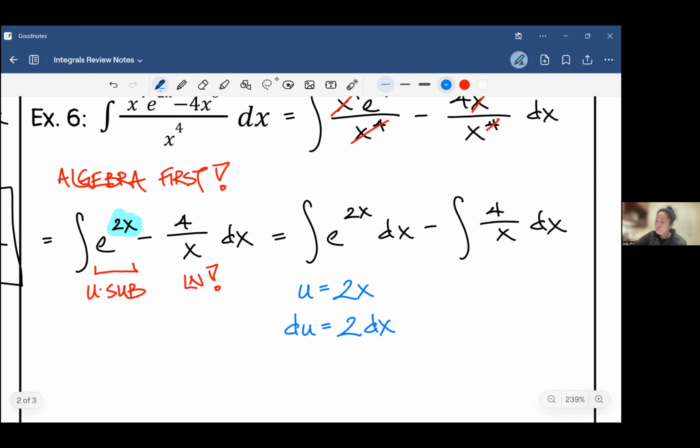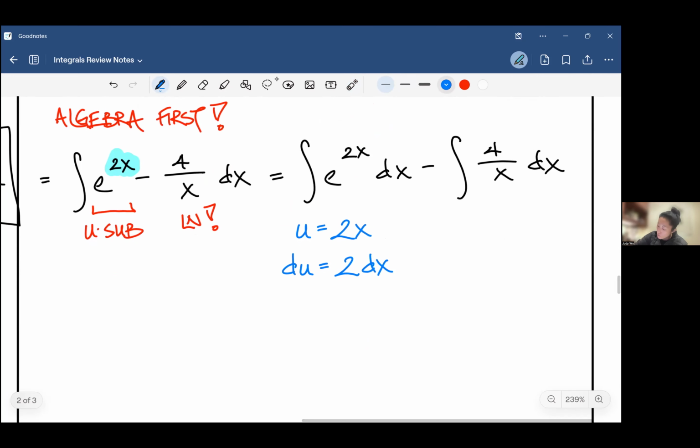That's really important for us because this dx is really that dx. When we're doing substitution, we need to have something to substitute in for. But when we look at this question, I just see a dx, so I want to get this dx all by itself. Well, how do I do that? I got 2 times dx. So if I divide the 2 away, I'm going to get 1/2 du equals dx.